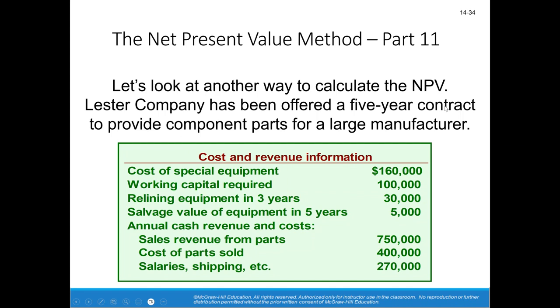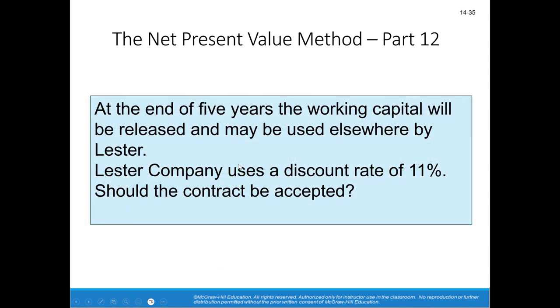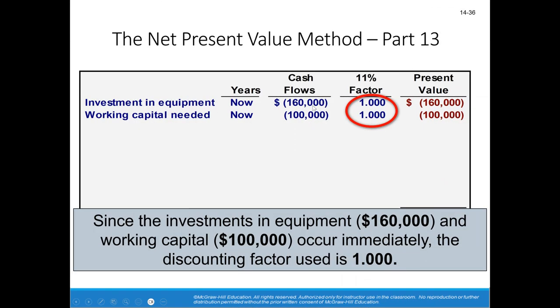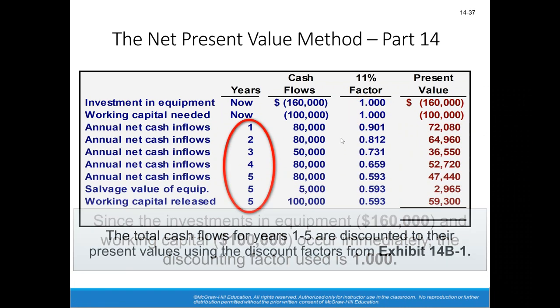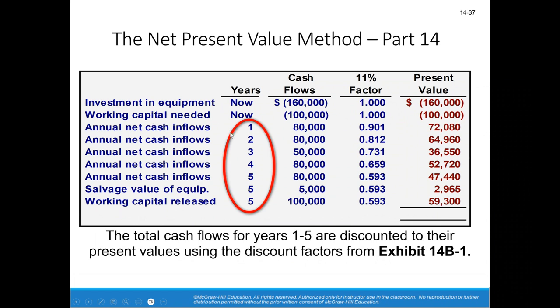Lester companies can offer a 5-year contract to provide component parts for a large manufacturer. And let's just go with discounting at 11%. Since the investments in equipment occur immediately, obviously we're going to look at that. And then here we have different cash flows, so we don't have a series.